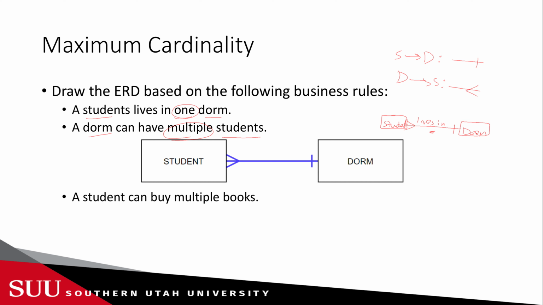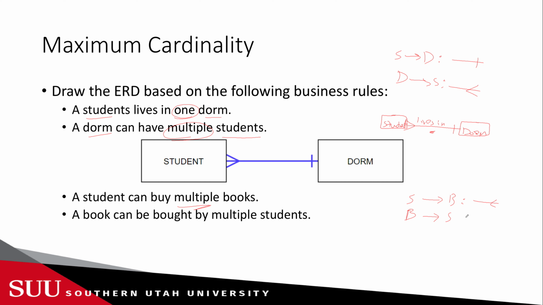Another example, a student can buy multiple books, and a book can be bought by multiple students. Again, if we do our simple analysis here, we'll say, okay, from student to book, and then from book to student. From student to book, a student can buy multiple books. So this is a many relationship.